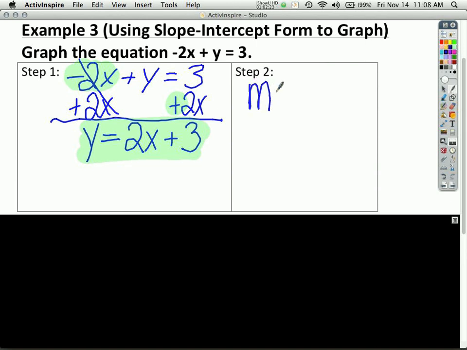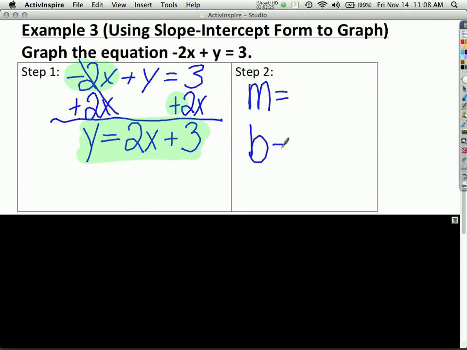So now we just need to read. What's the slope? Every single hand in the room should be flailing about, like, are you kidding me? What's the slope? Andrew? It's what? 3? No. I appreciate you volunteering.